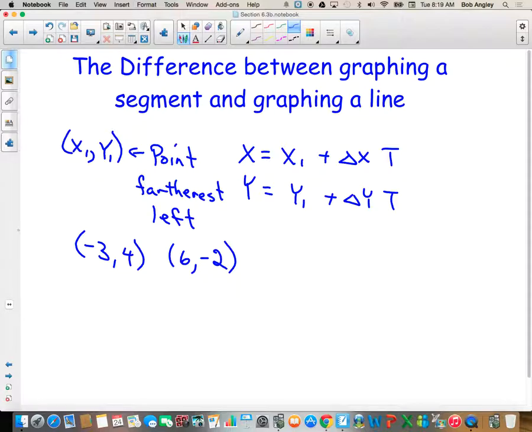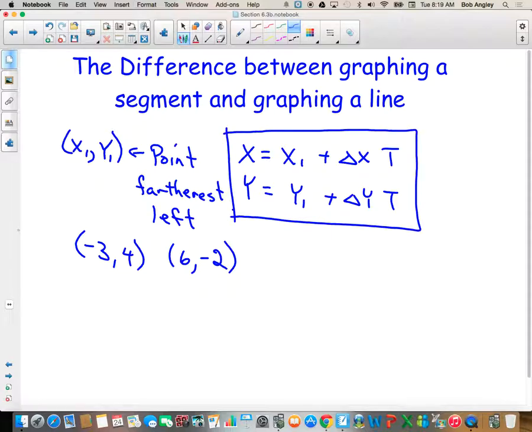Now, if you happen not to use the point that's farthest left, you can get an equation for the same line, but if you're going to get the equation for the segment, it causes your t interval to change from what it would otherwise. So this is the general formula.